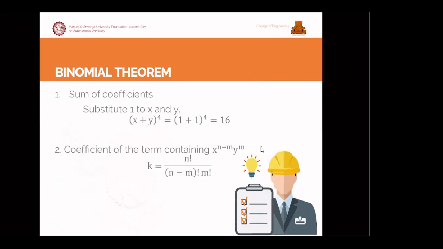Okay? And then coefficient ng term containing x n minus m. So halimbawa, sa x plus y raised to 10, hanapin niyo yung coefficient ng term na x raised to 2 and y raised to 8. Okay? So para makuha yung value na yun, substitute nyo lang dito kung ano yung coefficient niya.